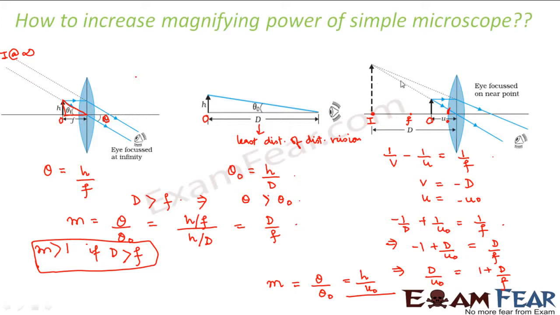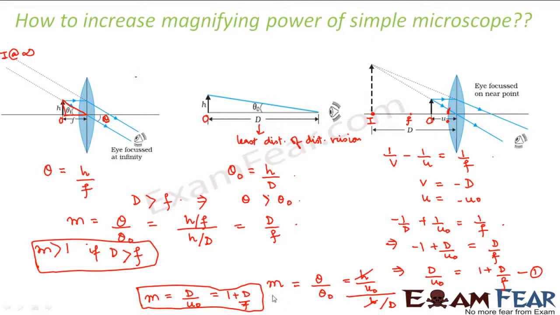Theta naught is nothing but the angle subtended by the image at this point, which is equal to h divided by capital D. So theta naught will remain the same, because theta naught talks about the scenario when some object lies at a distance capital D from the eye. So this theta naught will be h by d. So from this we get magnification is equal to d by u naught. And from this expression 1, we know that d by u naught is 1 plus d by f. So this expression defines the magnification of a simple microscope.